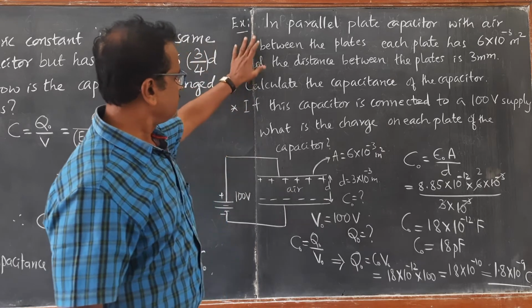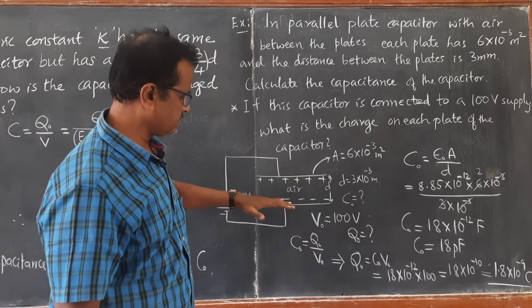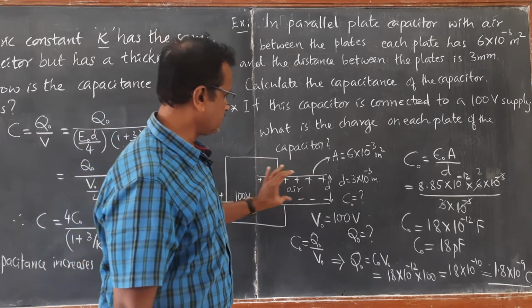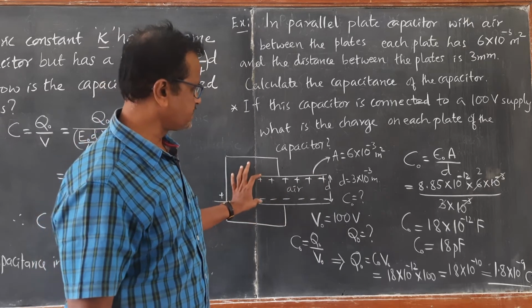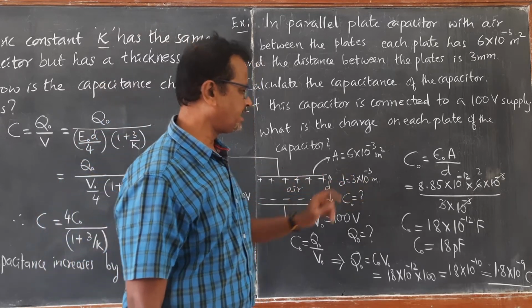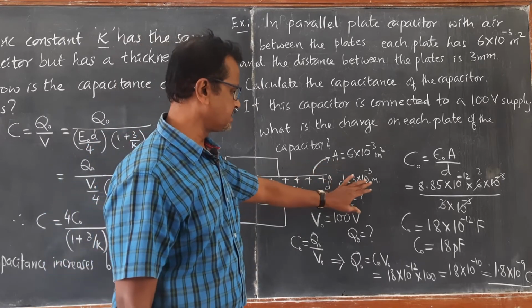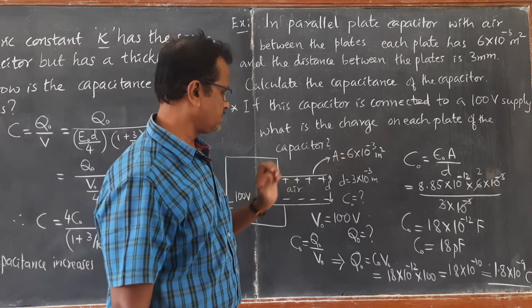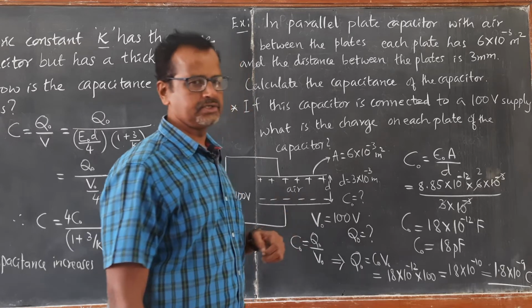Now the same problem continues. If this capacitor is now filled with a dielectric, mica of the same thickness 3 millimeter in this gap with the same area, how will the capacitance change?